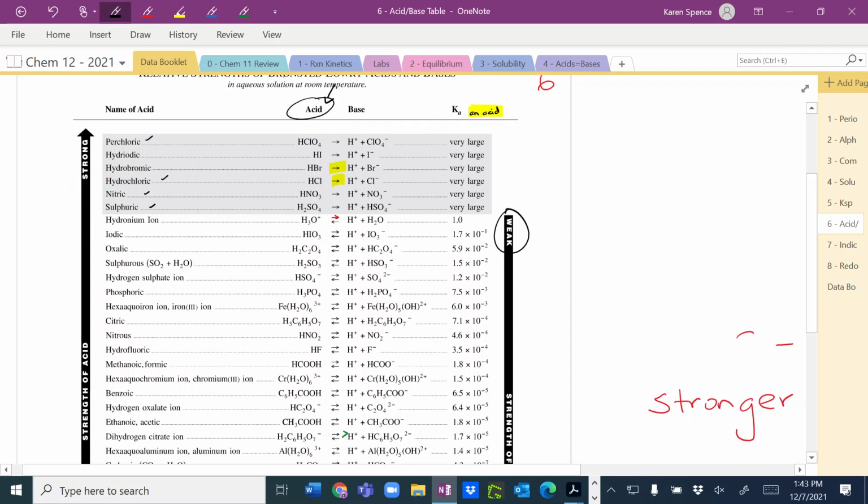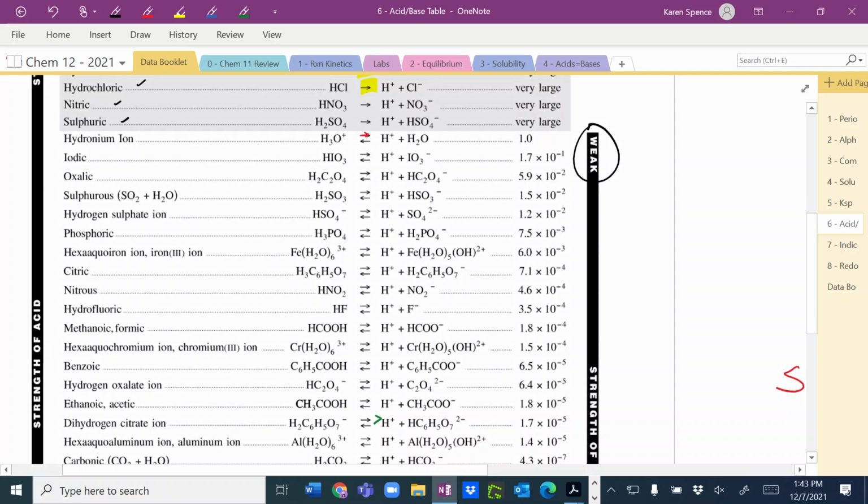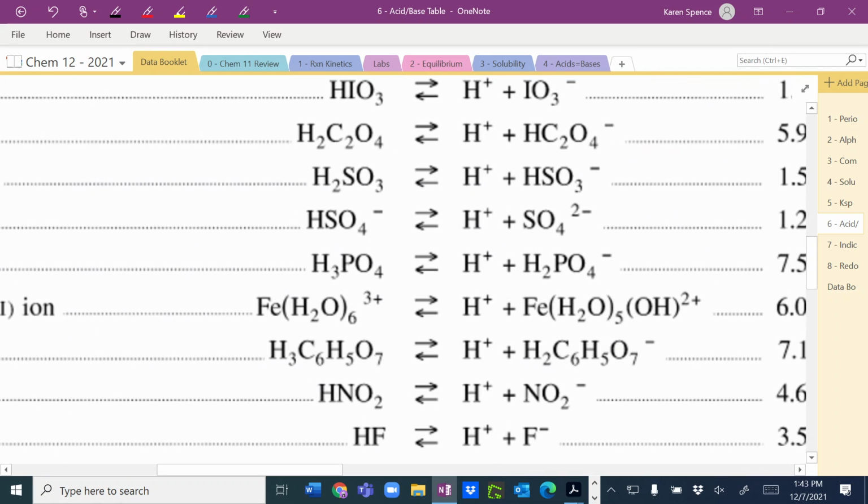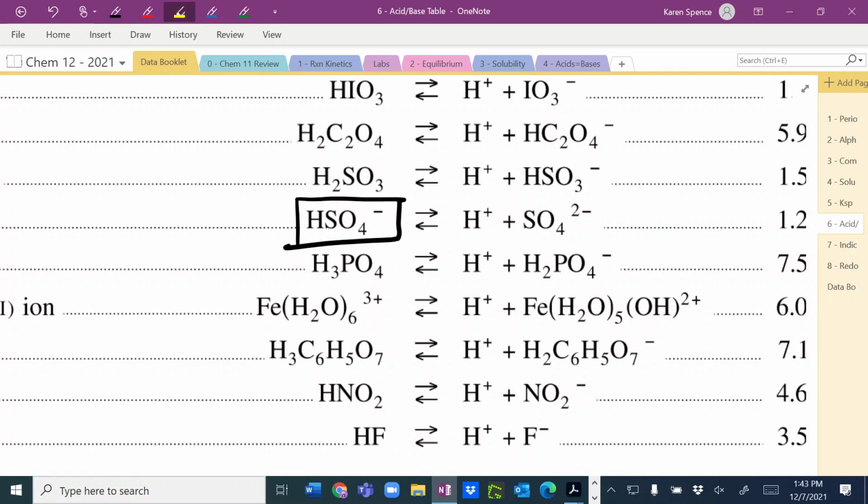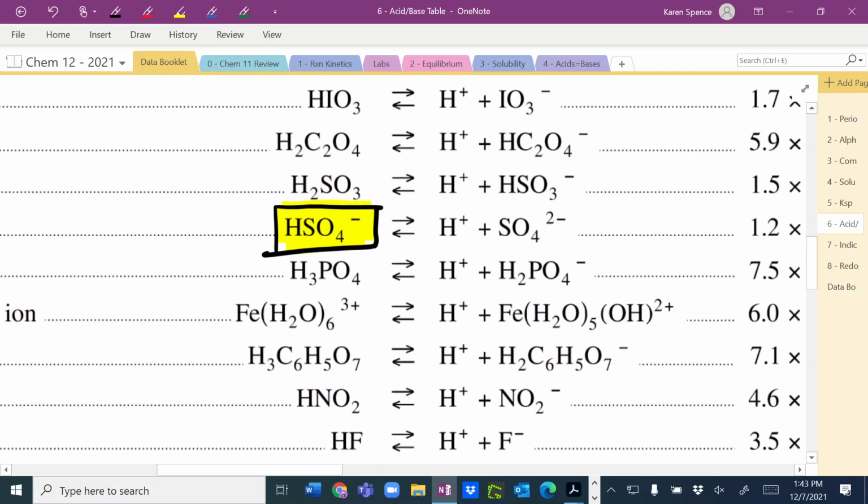There's HSO4 minus, and that's on the left-hand side of the table, in the weak acid section, and we've got an arrow going forward. So is it able to act as an acid? Yes, it is. Acid, yes.